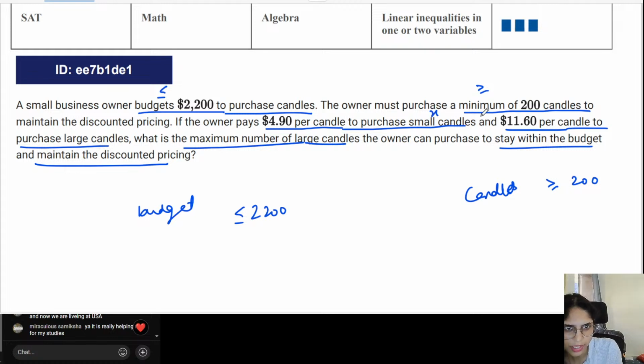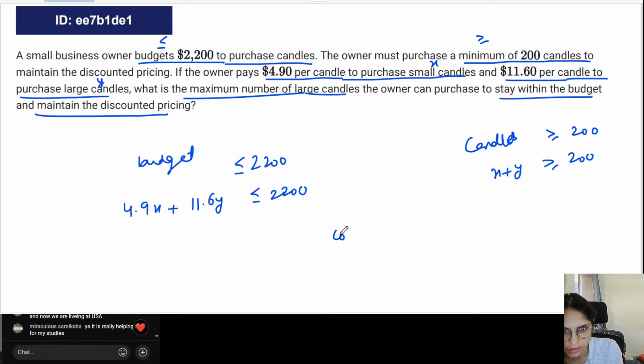So let's say small candles are X, large candles are Y. So candles, X plus Y, should be greater than or equal to 200. Now budget is the cost, so we are multiplying 4.9 with X, 11.6 with Y. We have got two different inequalities, find corner points. That is going to be your answer.